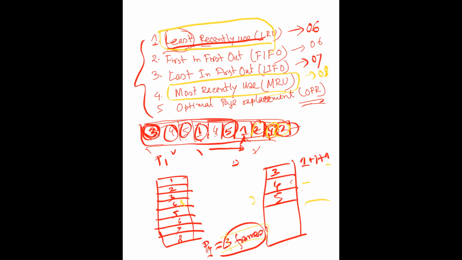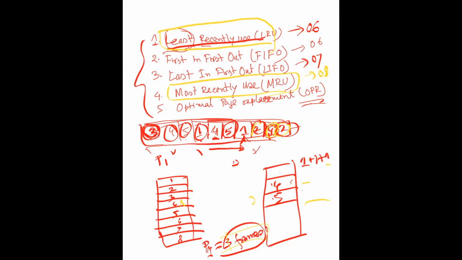So the optimal page replacement algorithm doesn't touch pages 4 and 5, because they are available inside the RAM and the CPU will refer to these two pages in the near future. So it will replace other pages. Here it will replace page number 3 by page 1.